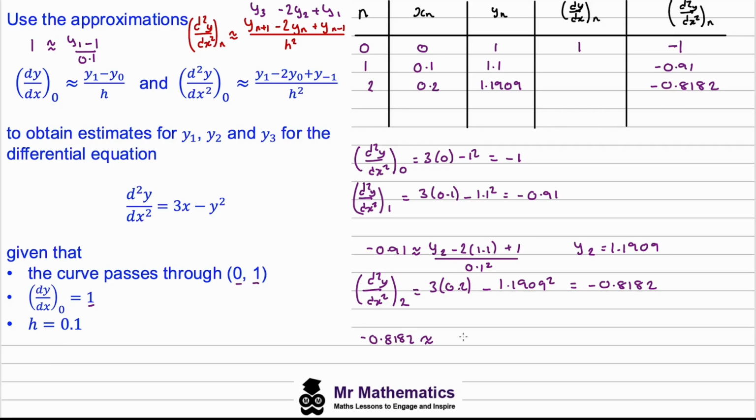This will be approximately y3 minus 2 lots of y2, which is this one, plus the previous y value, all divided by the 0.1 squared. We'll move the 0.1 and the other terms to the left-hand side, and y3 will give us 1.2736. Okay?